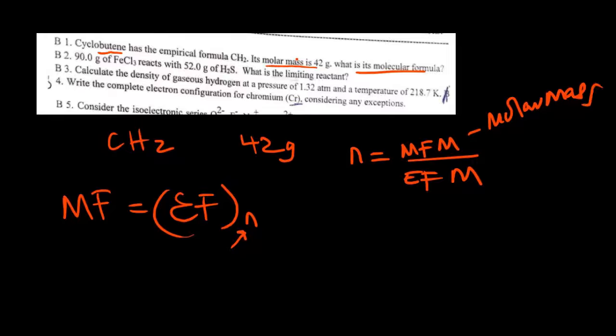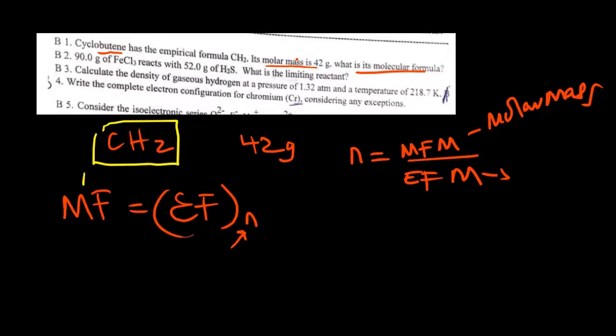And then this empirical formula mass, we just add the molar masses in the empirical formula. The empirical formula that we've been given here is CH2. So we are going to add the molar mass of carbon to 2 multiplied by the molar mass of hydrogen.